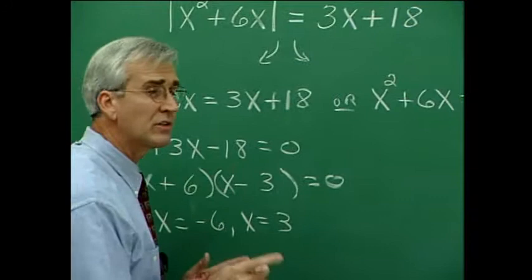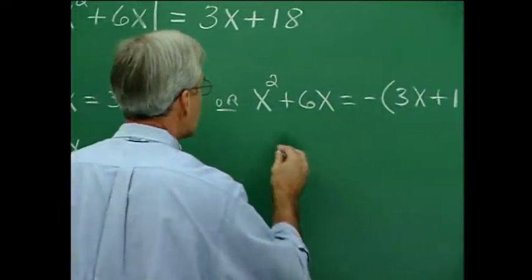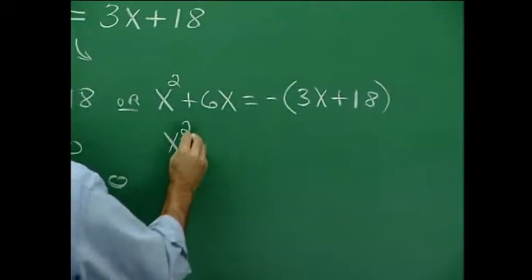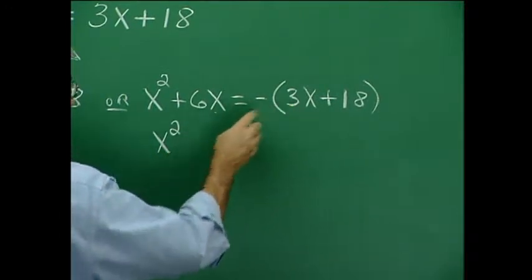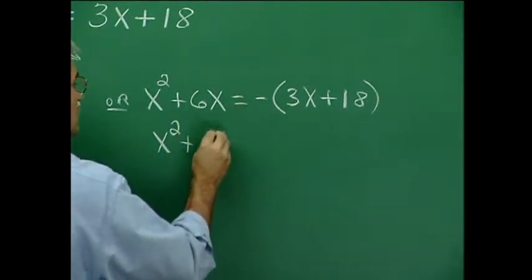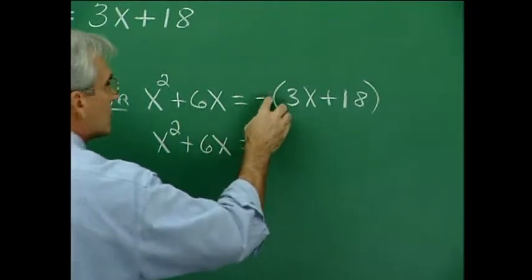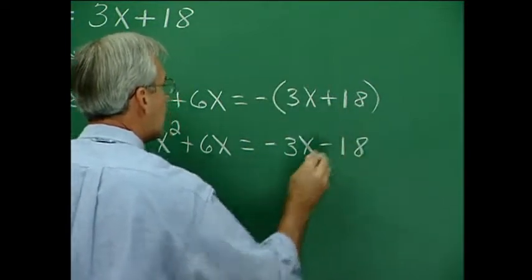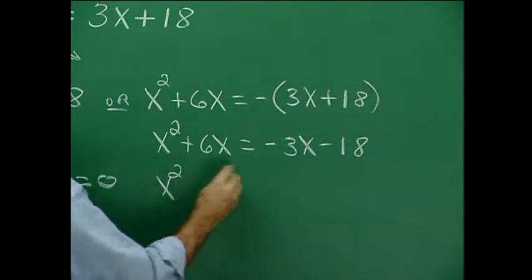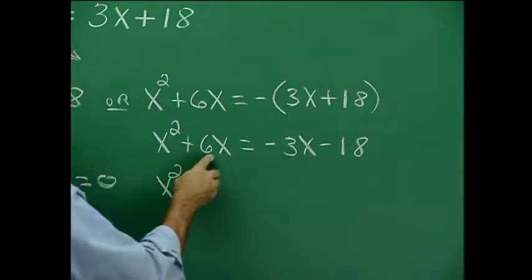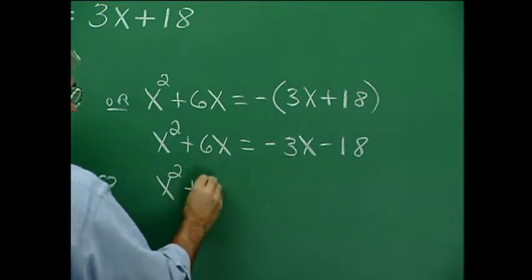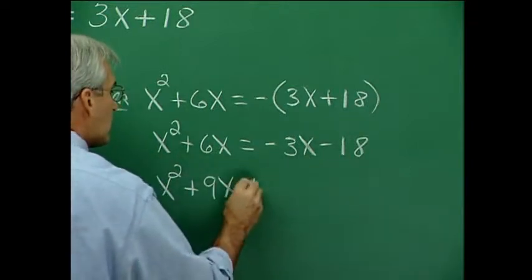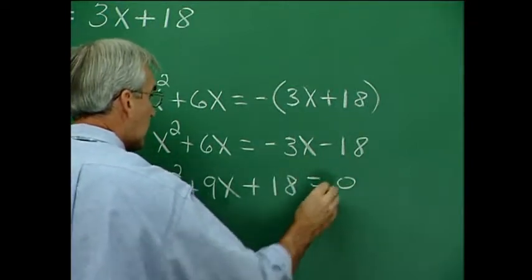For this other one, it's the same idea. We have a quadratic equation, so we want to simplify a little bit and then throw all the terms to one side. The simplification is over here where we're dropping the parenthesis. We have negative understood 1 times each of these. We get minus 3x minus 18. Now let's see, I'm adding 3x on both sides, so when I add 3x over here, I get 9x, and I'm adding 18 on both sides, giving me plus 18 on the left.